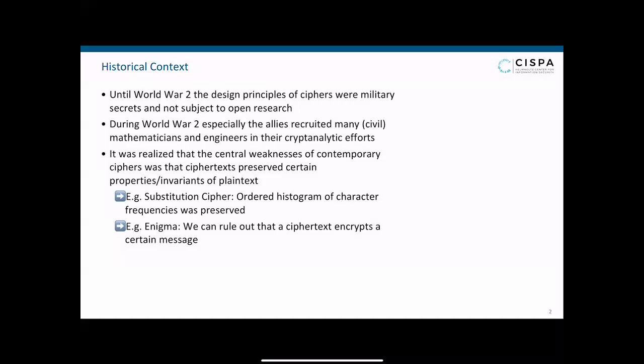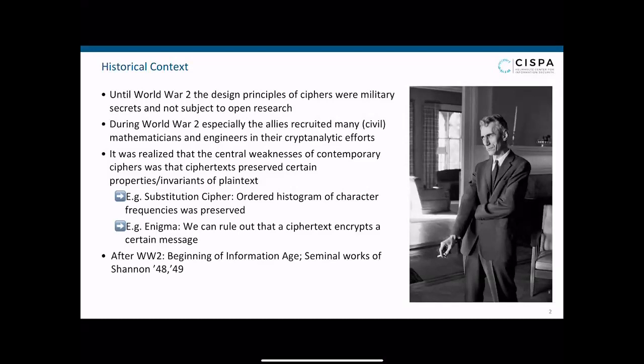They had to do it with rotors and wires, which made it impossible that a character, let's say an A, is encrypted as A. So A is encrypted as something else. And that tells you something about the plaintext when you look at the ciphertext. Like if the first letter of the ciphertext is an A, you know that the first character of the plaintext was not A.